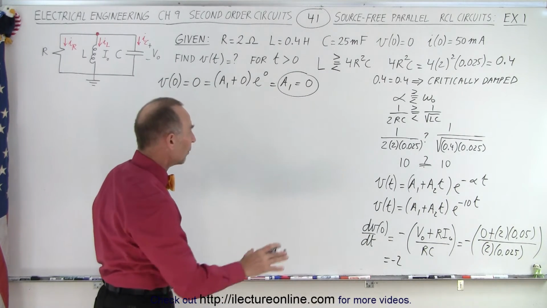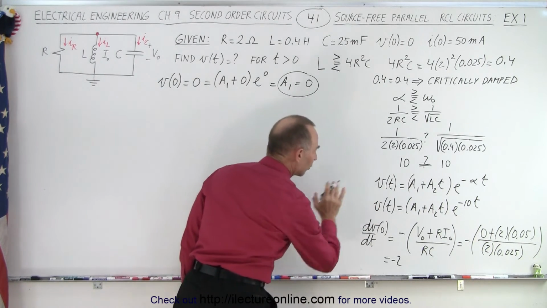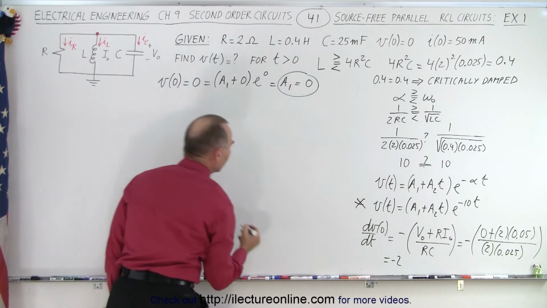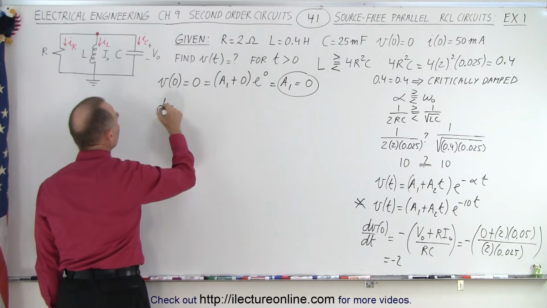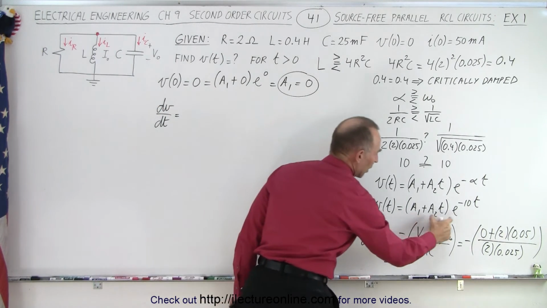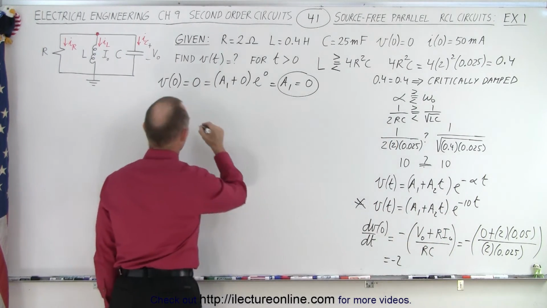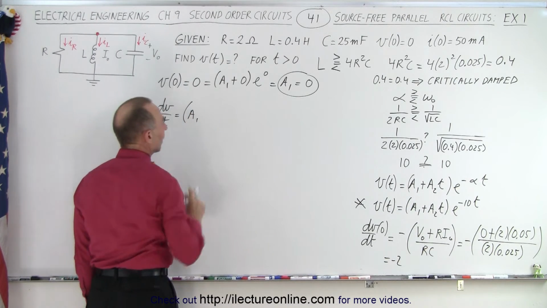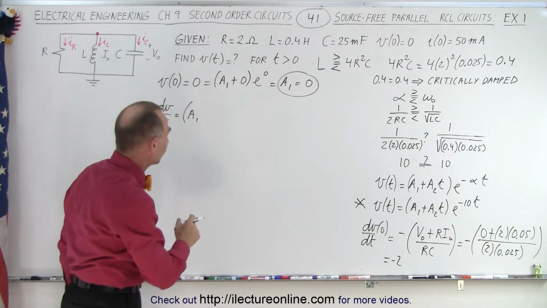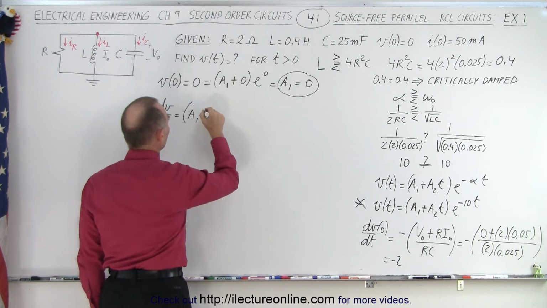Now we take the derivative of this equation, let me put a little star there. So let's take the dV/dt. We realize that we have a product. We have the first, A1 plus A2 t; since we already know A1 is 0 we could have dropped it, but I'll do it in a general sense.